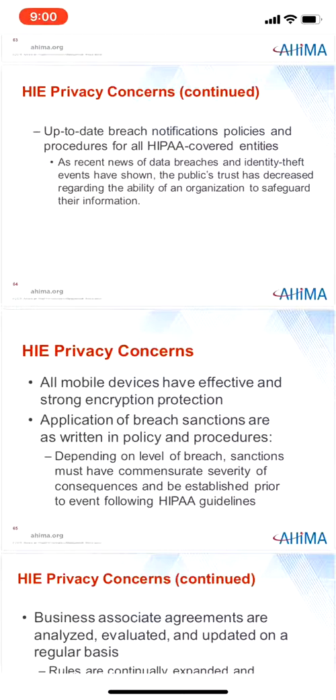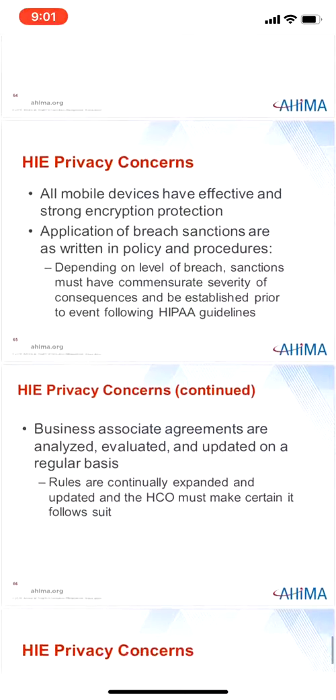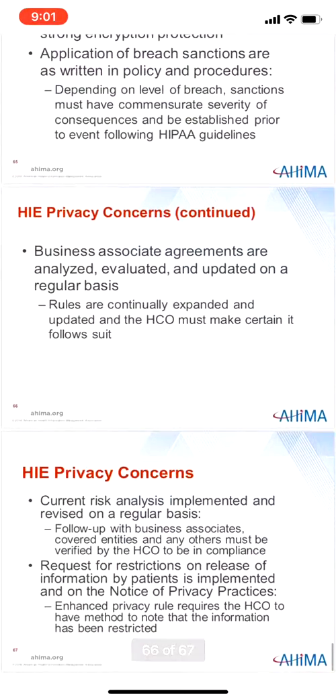Follow-up with business associates, covered entities, and any others must be verified by the healthcare organization to be in compliance. And lastly, over on page 198, requests for restrictions on release of information by patients is implemented and on the Notice of Privacy Practices. The enhanced privacy rule requires the healthcare organization to have a method to note that the information has been restricted. All right, so that ends chapter 11.